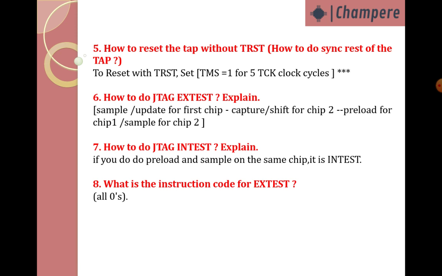Okay. Next one, how does JTAG EXTEST work? Explain. In this we have different states: sample, update, and so on. So to do EXTEST, update for the first chip and capture shift for the second chip. So when the first is shifting and updating, the second shifts and captures, preload for the first chip and sample for the second chip. So here load and unload of data happens like that.